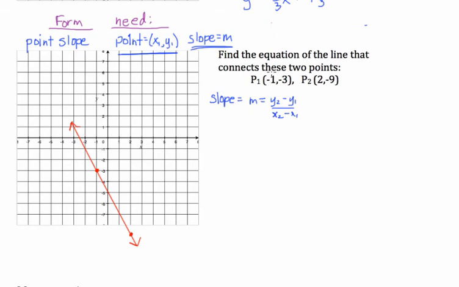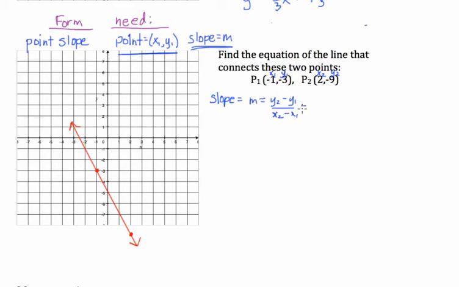We'll take our 2 points and label them. Over here, point 1 will make the x-coordinate be x1 and the y-coordinate be y1. And point 2 will have the x-coordinate be x2 and the y-coordinate be y2.